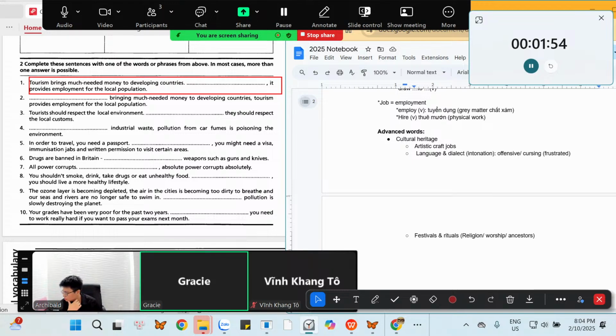They can protect the cultural heritage by bringing money to maintain historical sites. For example, the tourists help restore the imperial cities.